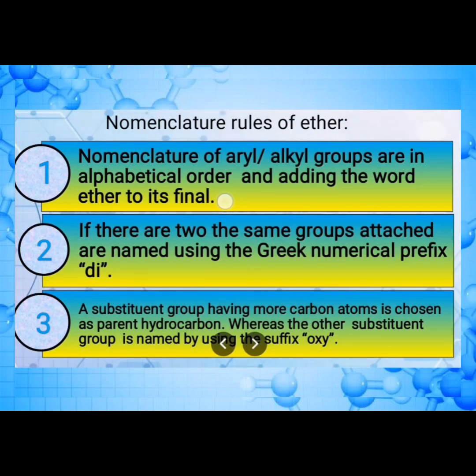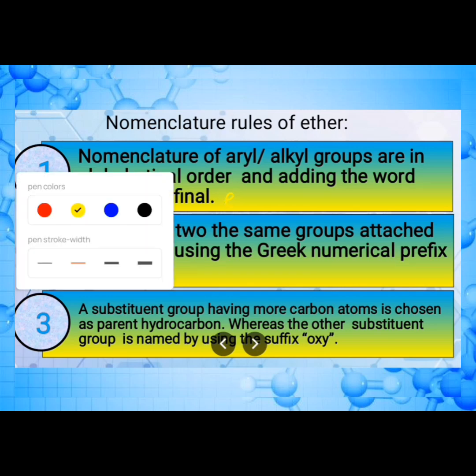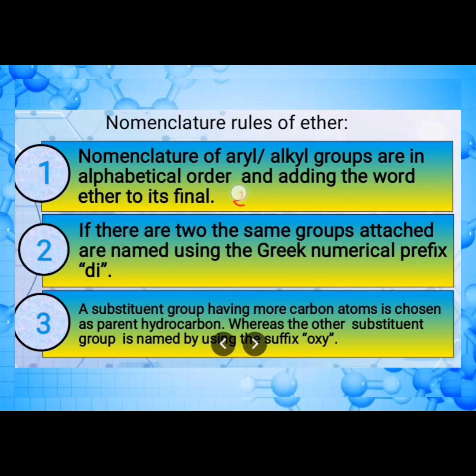There are three most common nomenclature rules of ethers. The first states that the aryl or alkyl groups are named in alphabetical order, adding the word ether to the end. For example, we have ethyl and another alkyl or aryl group, methyl.